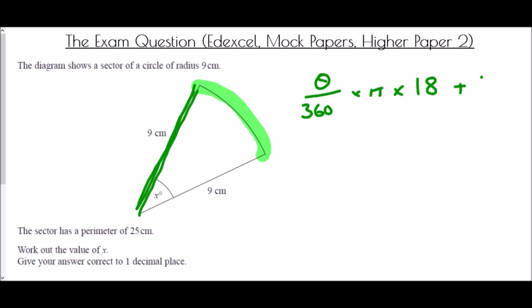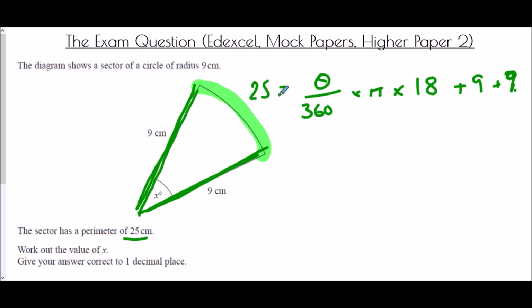It would need adding on, but we'd also have to add on this 9 centimetres. And so we now know that this is equal to 25 centimetres because that is the perimeter.